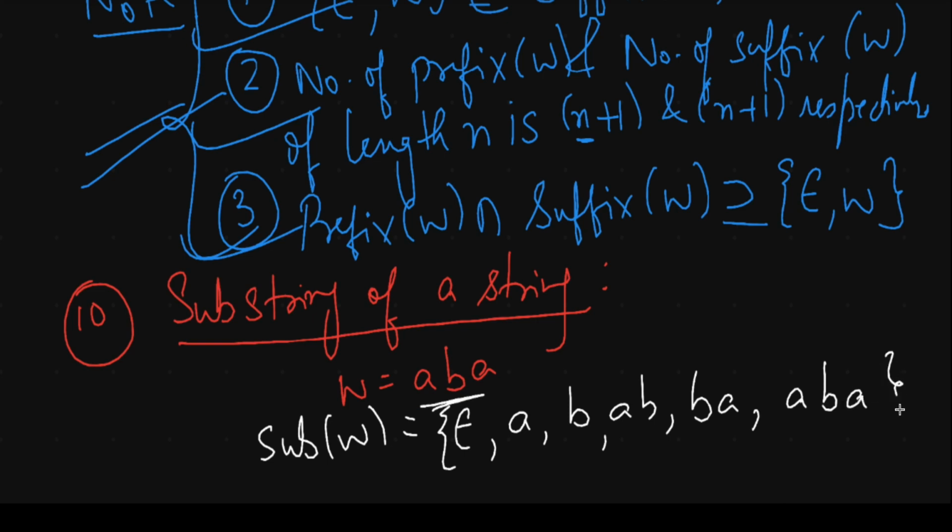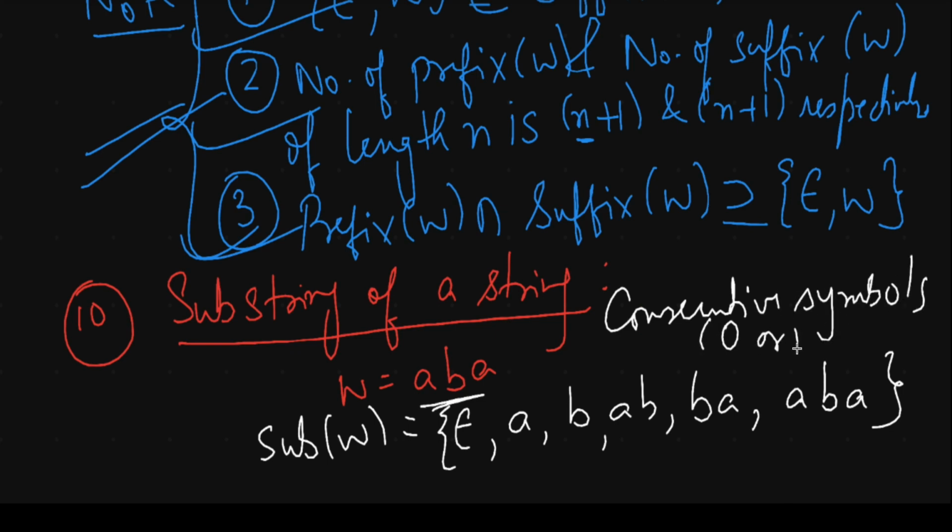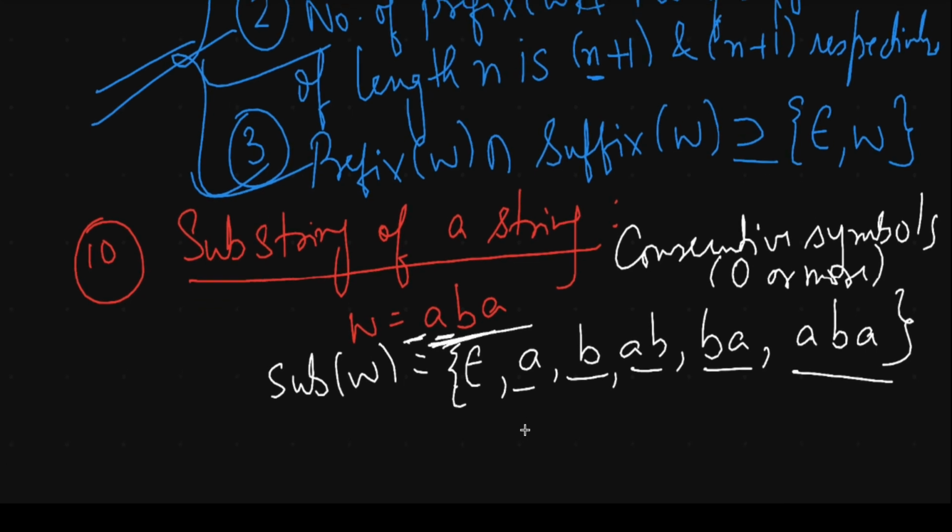So what is substring of a string? It is taking 0 or more consecutive symbols of a string. 0 would be epsilon, 1 would be A and B, 2 would be AB and BA, and 3 would be ABA. So this is about the substring of a string.